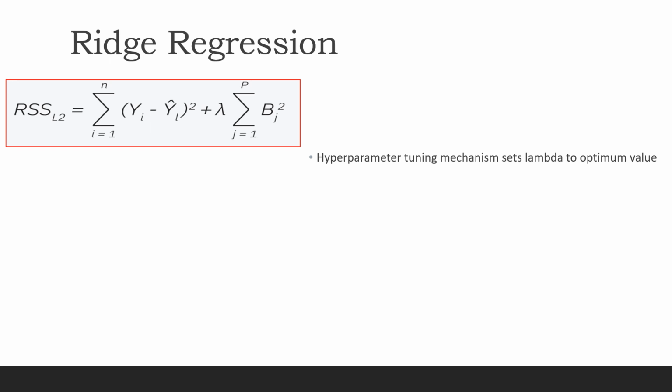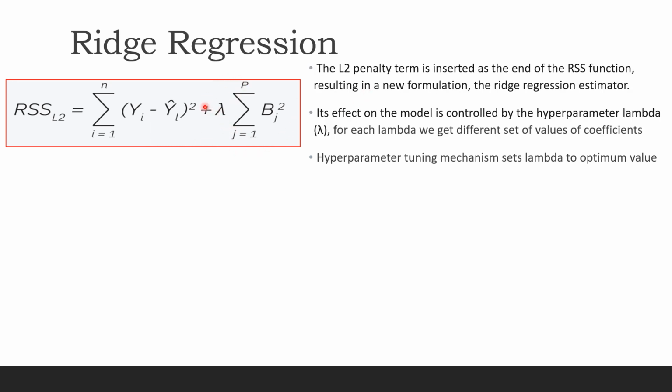Just in the last slide, we saw how we are doing hyperparameter tuning to set lambda to the optimum value, which will give us the least total error. This is what we are targeting in these two regularization techniques of ridge and lasso. So ridge regression, this is the formula that is used. This entire part is the penalty term, and this again will have two components.